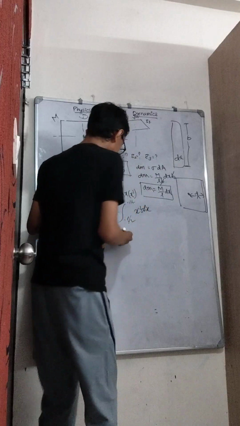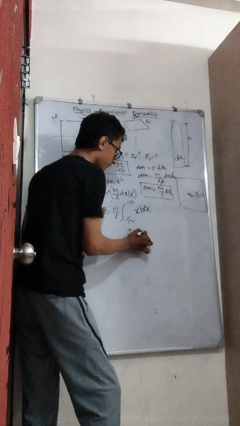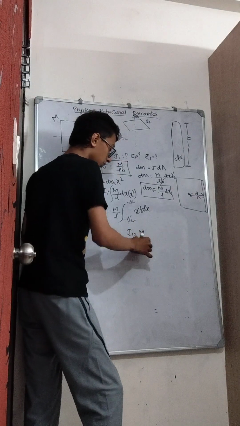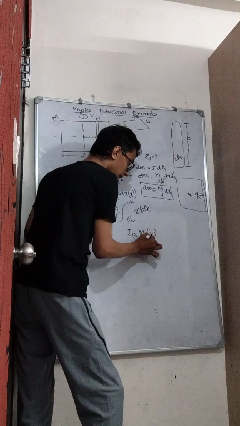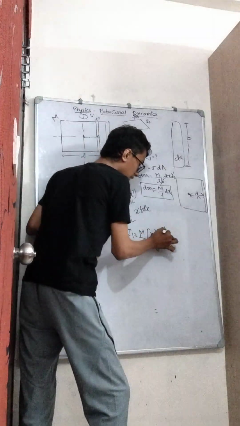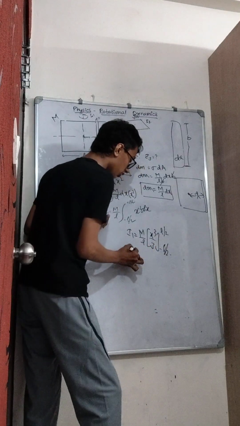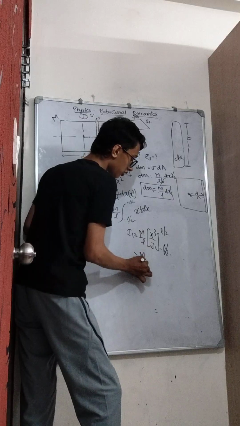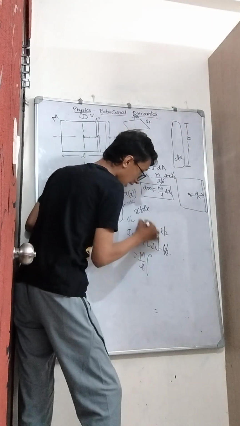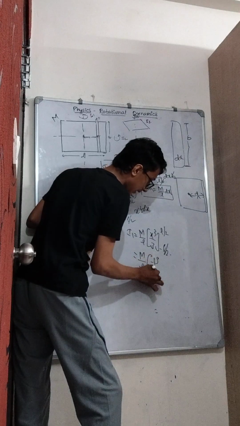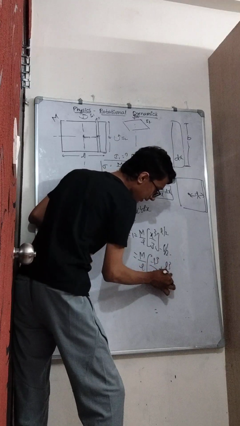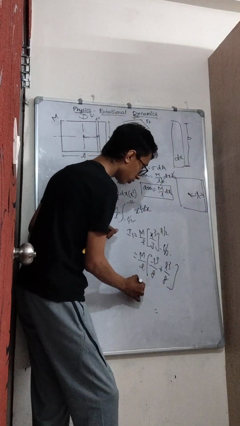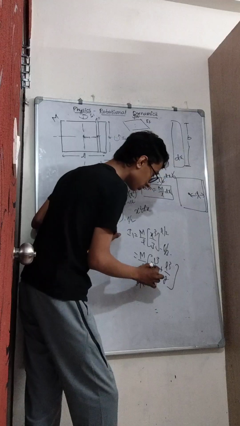Okay, so that means I1 is equal to m by L into x cube by 3, from L by 2 to minus L by 2. So I think you know integration. So m by L into x cube, which is L cube by 8 plus L cube by 8.